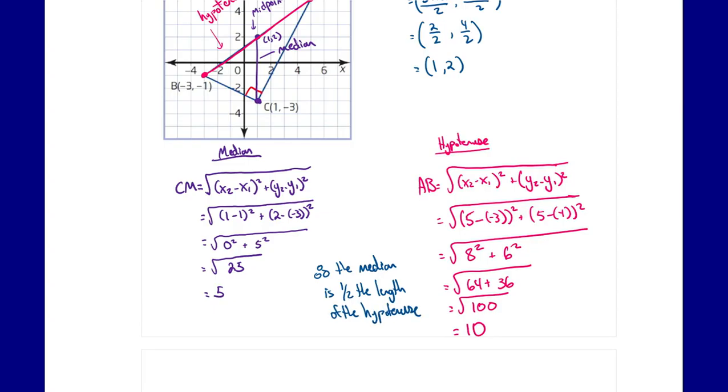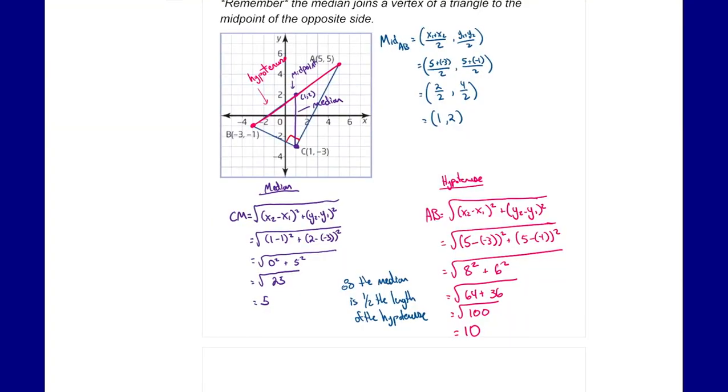And so again, we were told that this was the case. We just needed to prove it. We needed to prove that the median from the right angle to the midpoint of the hypotenuse is half its length. We just needed to go through and do the calculations to prove that. That is a property of right angle triangles.